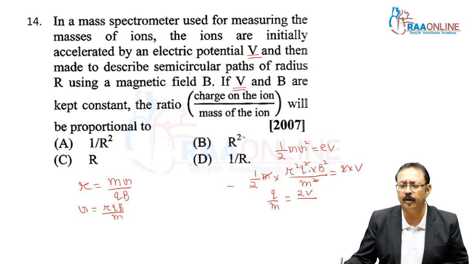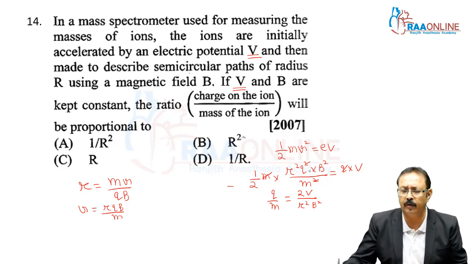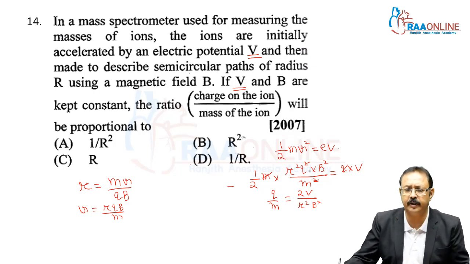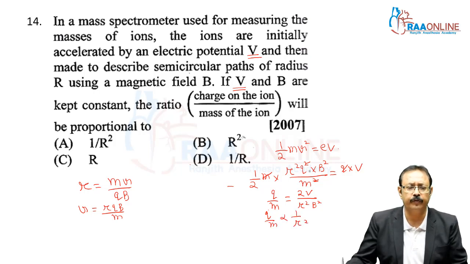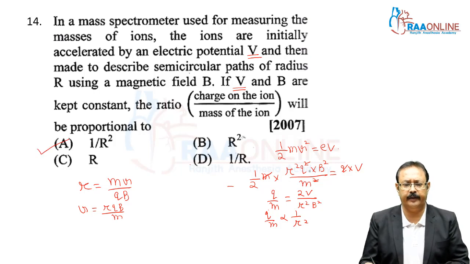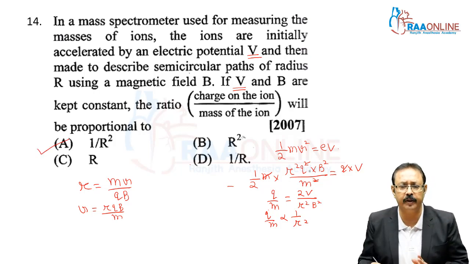R square in denominator, B square in denominator. They are saying B is also constant. V constant, 2 constant, B square constant. It means Q upon M is proportional to 1 upon R square. So we should go with option A.